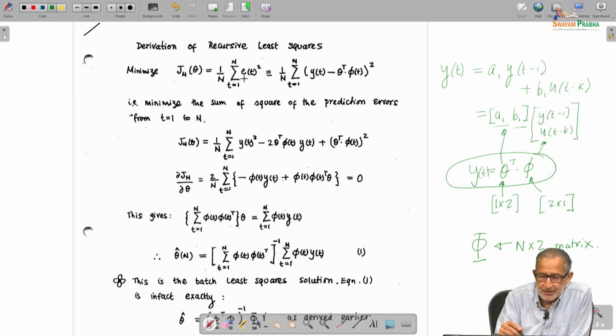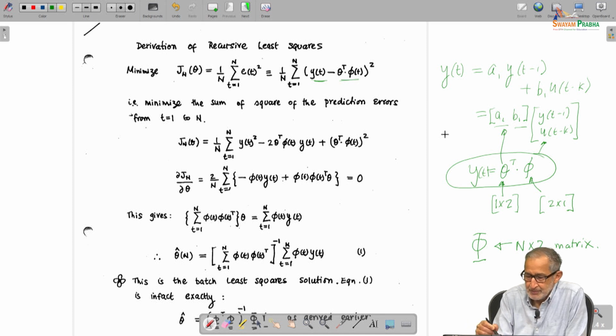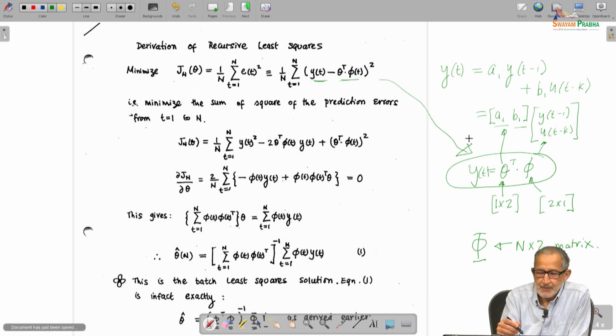The error is the difference between the measured output and theta transpose times phi, as I explained here. So this is the measured output, and here is what we would be able to predict if we had the coefficient. So we would like to minimize the sum of the squares of these errors.